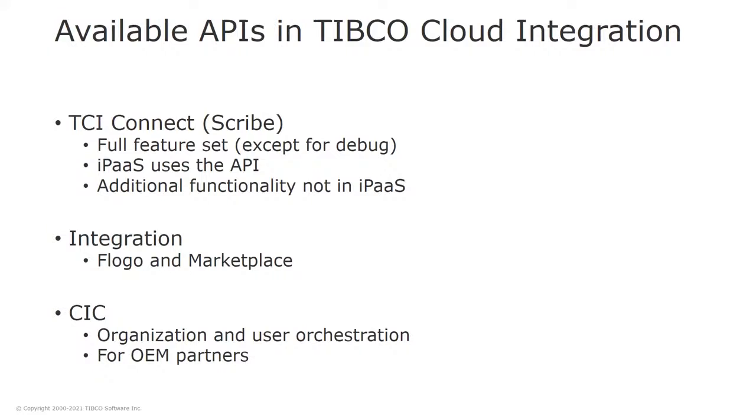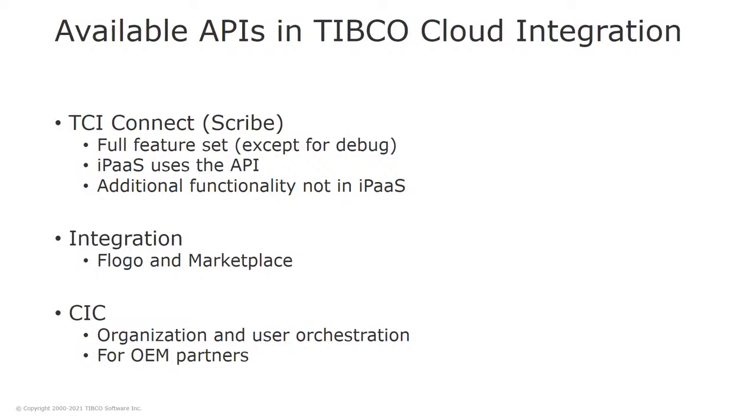So there are three APIs available in TIBCO Cloud Integration. The one that we'll spend a good amount of time on today is the one for TCI Connect, which is also known as Scribe. The interesting thing about this API is that it's used by our iPaaS, our online application. All the functionality that you can do within our online application is available to you in the API, except for the debug.